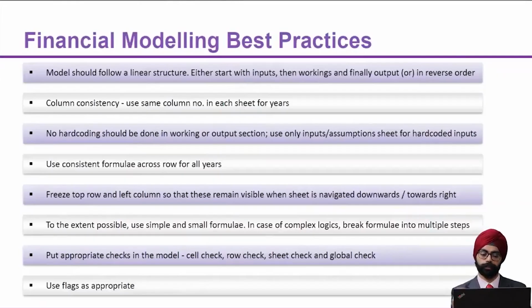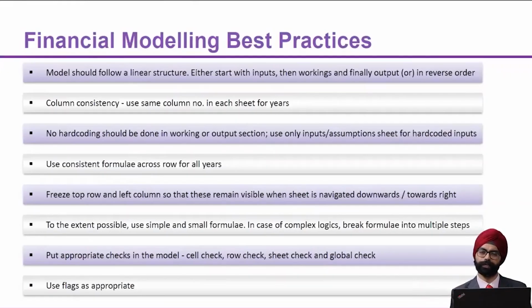All right. Next, try to use a consistent formula across the row for all the years. Meaning, if you have written a formula for, say, 2021, then it should be written in such a way that you're able to copy and paste that formula to 2022, 23, 24, 25, and so on and so forth.